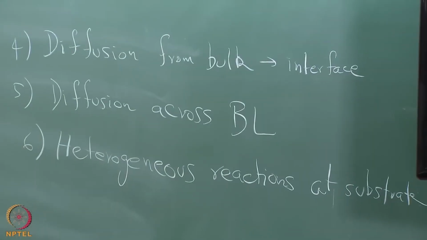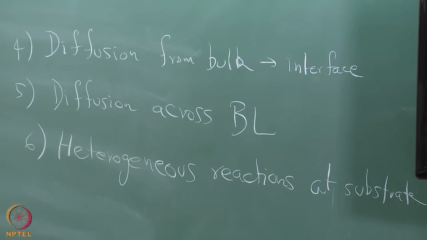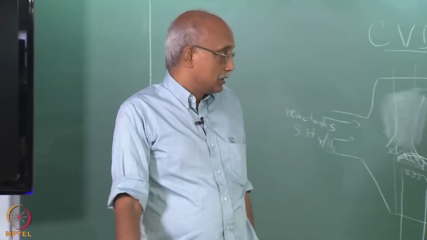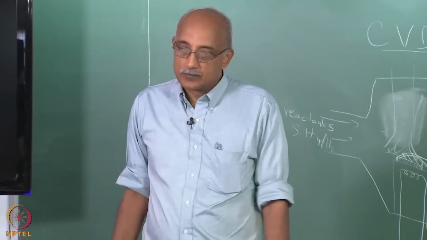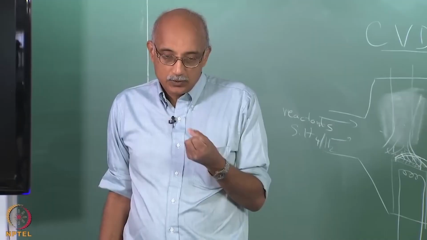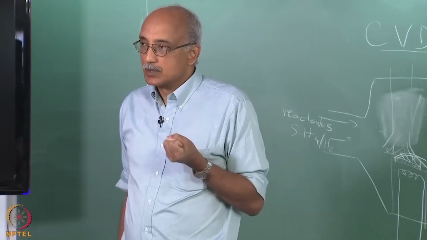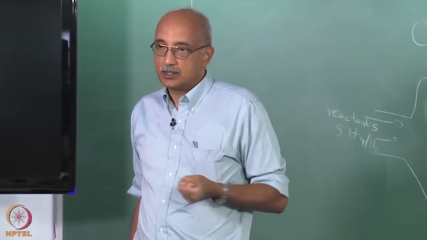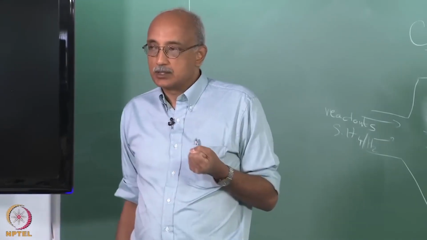So, this is a step where you actually start seeing the appearance of a CVD film on the substrate. So, that is the sixth step in the process. Now, as the film forms, it has to bond to the surface. So, the adhesion of the film to the substrate is also a very critical step.